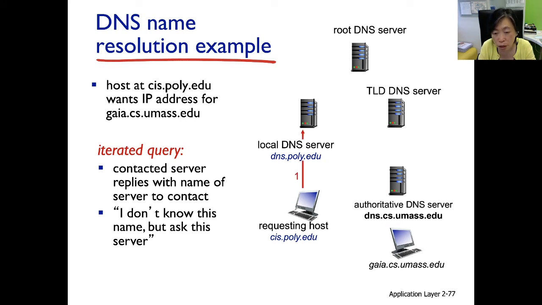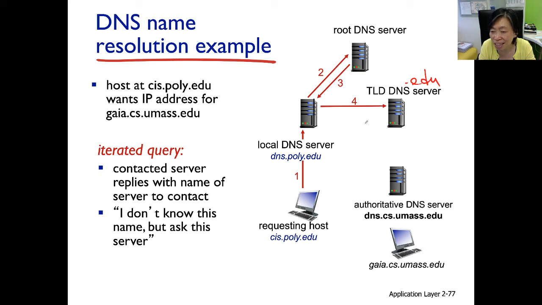The client here issues a query. The local DNS server now forwards the query first to the root. The root returns the IP address of the .edu TLD server. Therefore, the local DNS server can re-forward the query to the .edu TLD DNS.